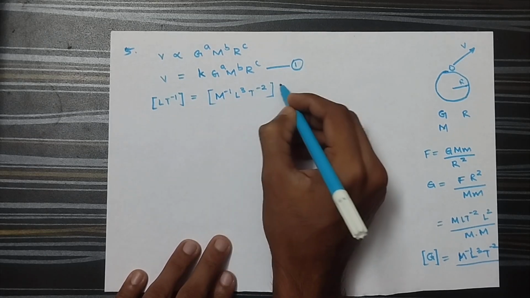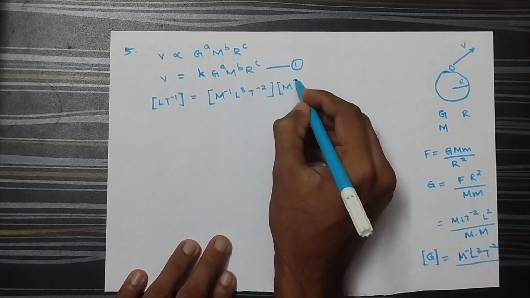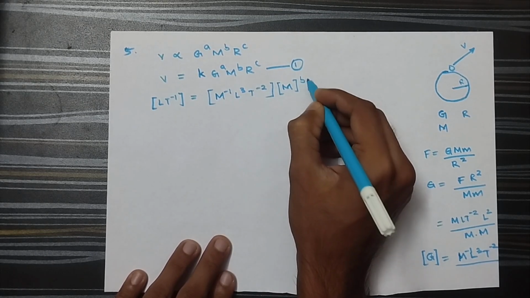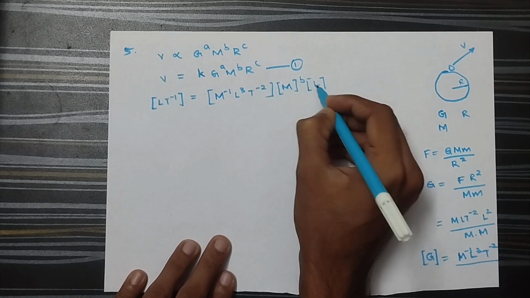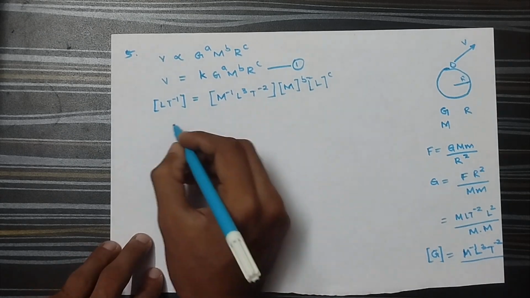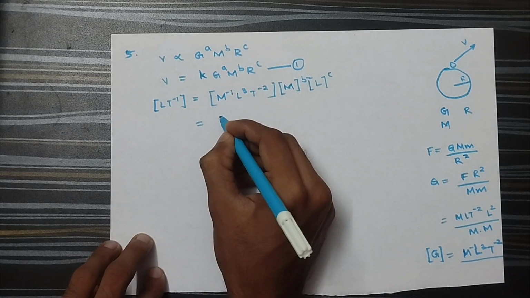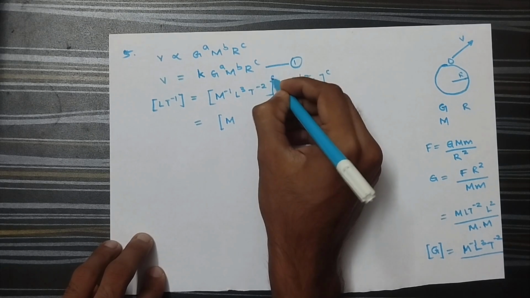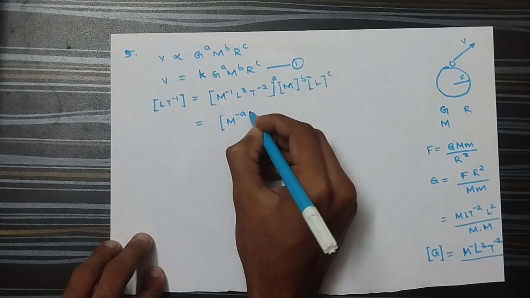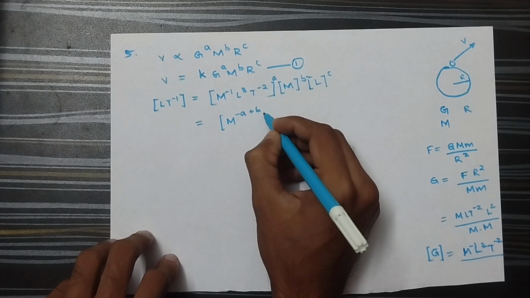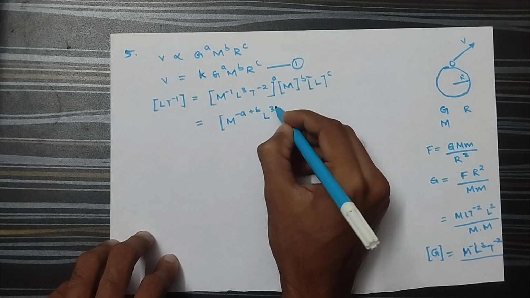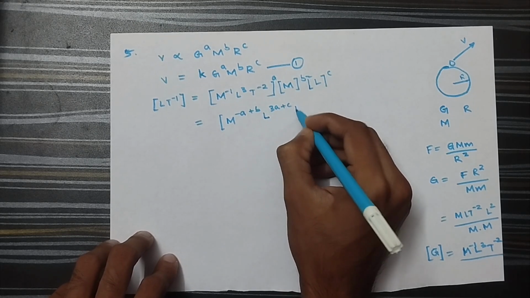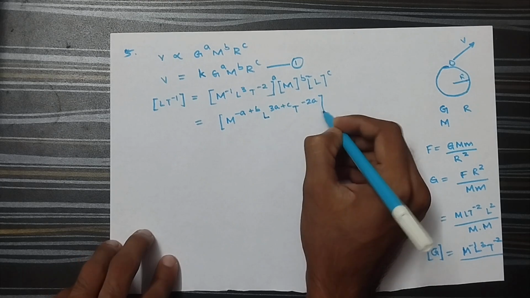Okay, M is mass itself, raised to b, r is length, radius is length raised to c. Solving this, we get M raised to minus a plus b, L raised to 3a plus c, t raised to minus 2a, right?